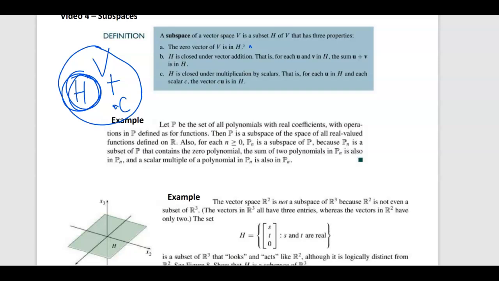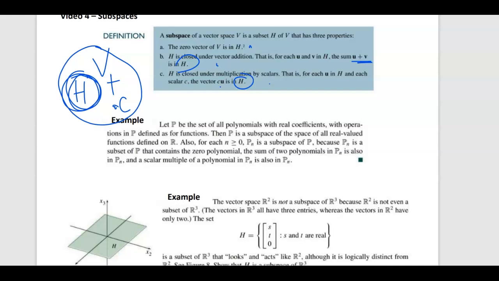If you have two things in H and you add them and they are also in H, subspace met. If you have a vector in H and you multiply it by C and it's still in H by whatever the definition of that is, subspace. But a subspace must have all three of these properties.